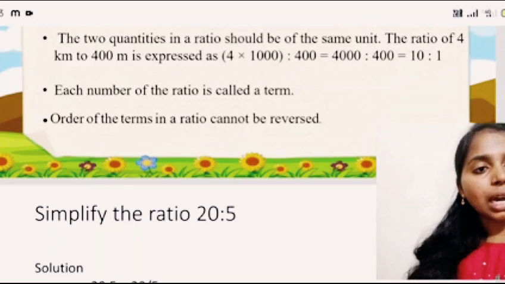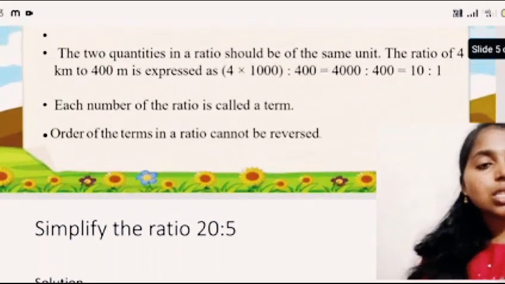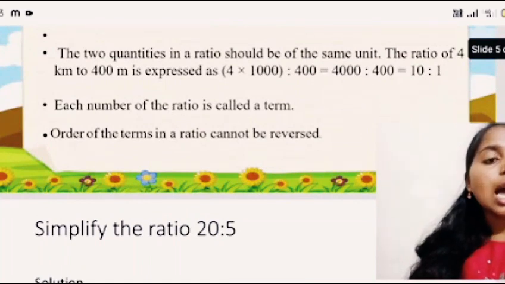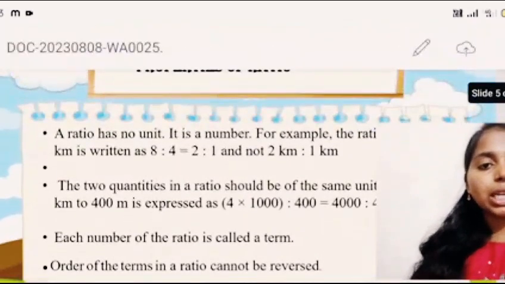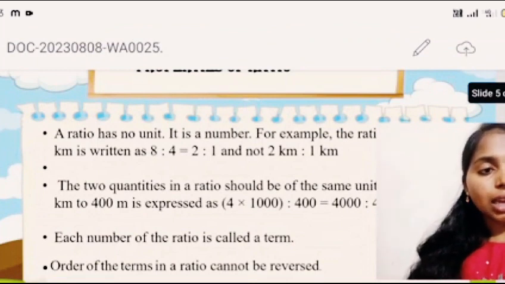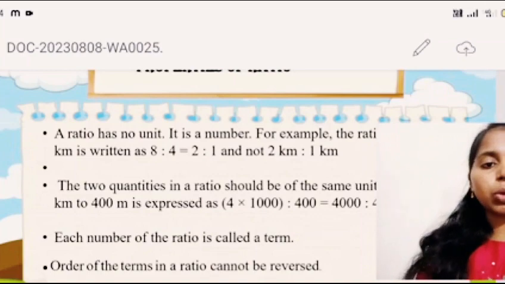Then we can divide each by 400 because 400 is the greatest common factor of 4000 and 400. Then we get the simplest form 10:1. So the first property of ratio is that the ratio has no unit, and the second one, the two quantities in a ratio should be in the same unit.